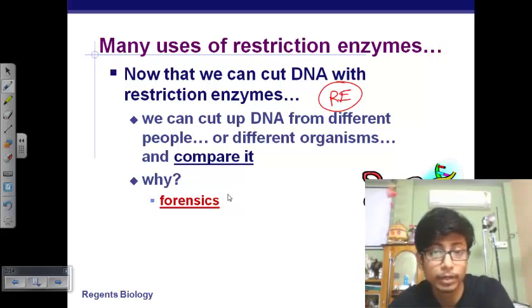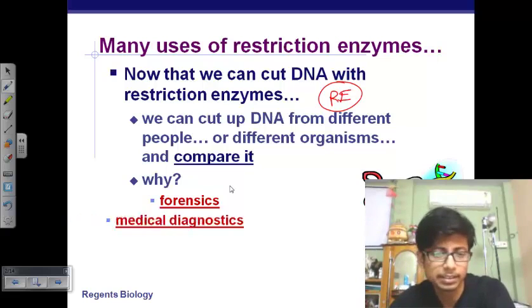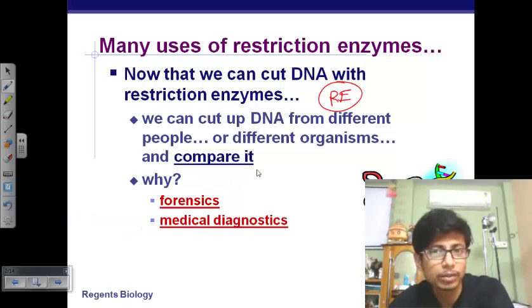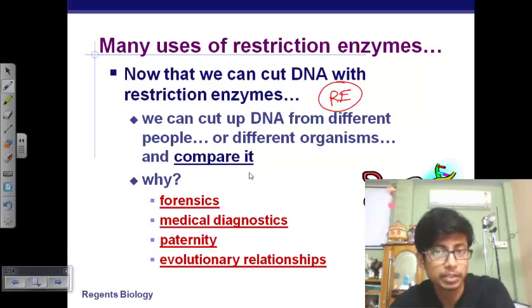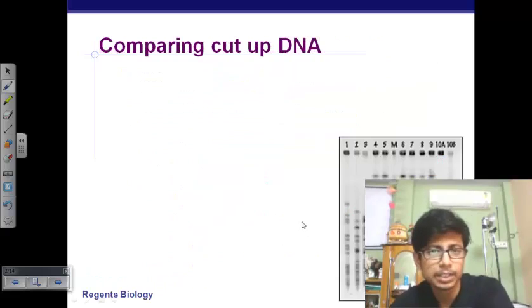We do this for forensic analysis of a blood sample from the victim, and also to find out who the actual murderer is. It can be used for medical diagnostics, for paternity testing, and for evolutionary relationship studies, or phylogenetic analysis, and many more processes.